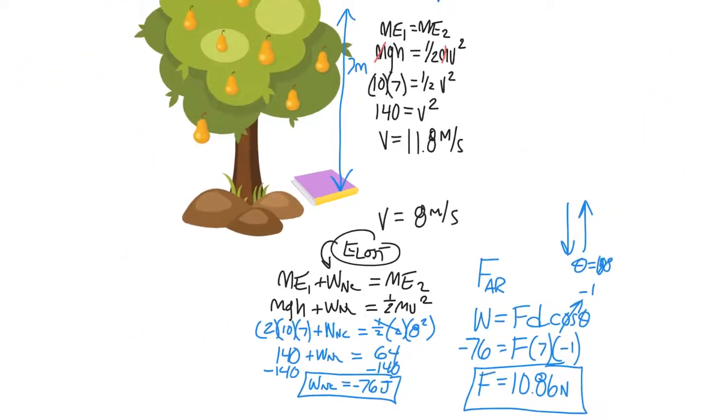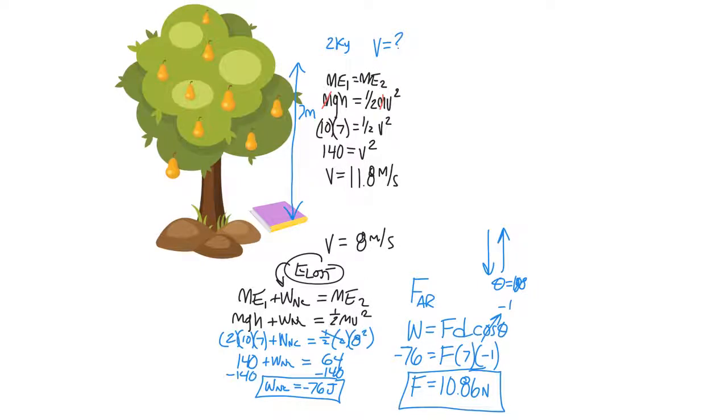So scrolling back to see all this again, we started and found out what the v was if we have no air resistance. Since the joules of energy at the beginning were equal to the joules at the end, it was 11.8. But when we dropped the book, we found out that it was only 8 meters per second at the end, which means we lost energy.